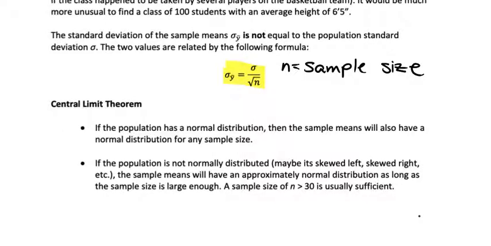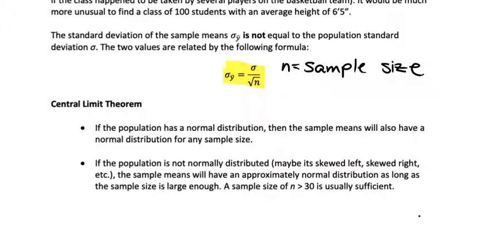And we have this theorem called the central limit theorem. It says two parts. First, if the population is known to be normally distributed, sample means will also be normally distributed for any sample size. Even if it's not normally distributed, could be skewed left, skewed right, or something else, then sample means will have an approximately normal distribution as long as the sample size is large enough, which we normally consider to be greater than 30.